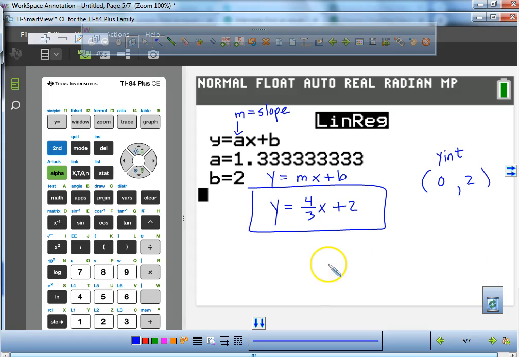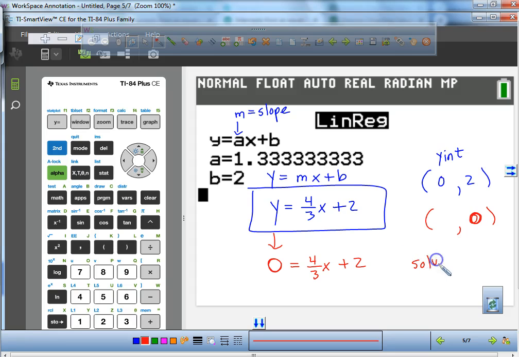Now, this is how you find your x-intercept. You have to do one thing. For your x-intercept, you have to make your y value equal to 0. So watch this. I'm going to make my y value equal to 0, and set it equal to 4/3 x plus 2. Now what do we have to do?